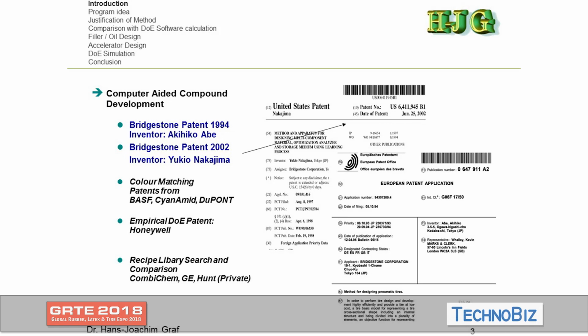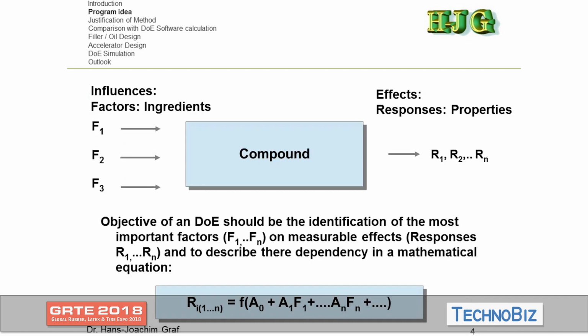And then you see a couple of other companies trying to solve their problem by getting help from simulation. So what we're actually doing when we do this experimental design, we're doing correlation, and we describe this correlation in mathematical terms, what we call a regression equation.